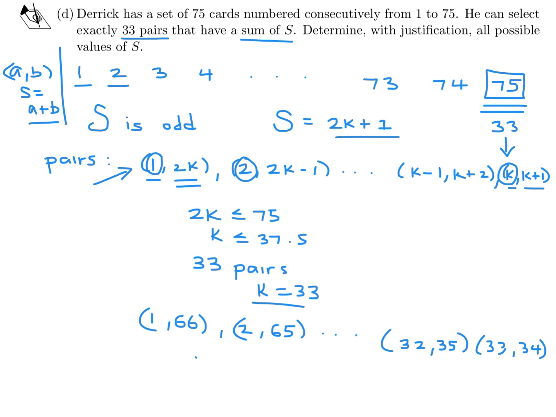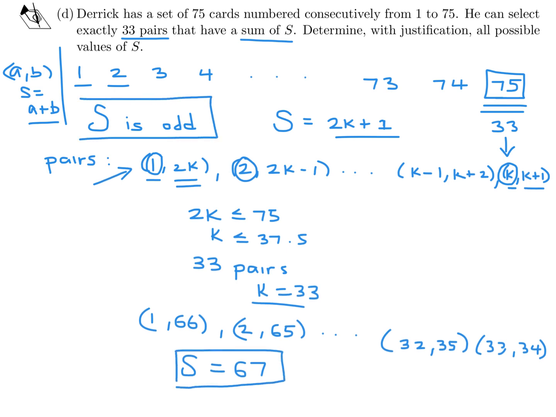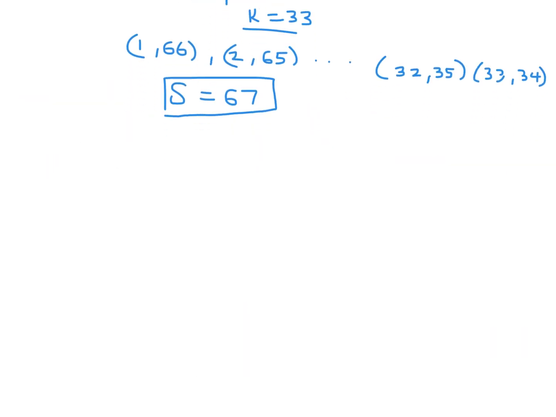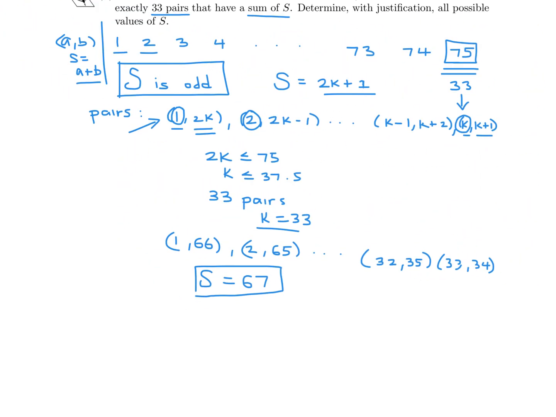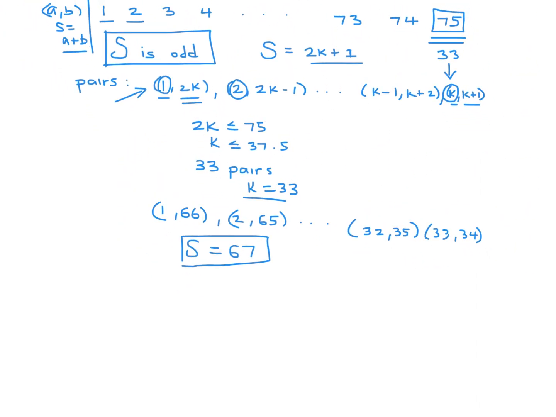Therefore the sum S is 67. Good, we got one, keeping in mind this is for S odd. Now we're going to stay with S odd, but this time let me fit it into one screen.